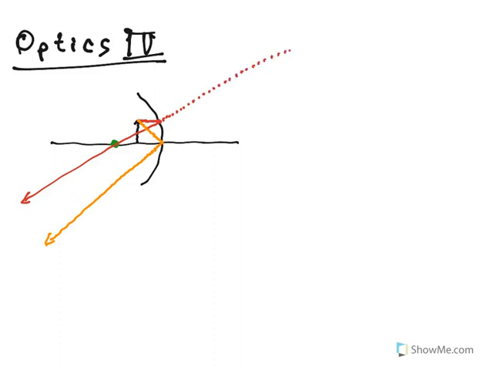So there's the red one, and then the yellow one, we send him back as well. And indeed, we find that these two rays do converge. However, they converge on the opposite side of the mirror. And where they converge, right there, that's where my image is located.